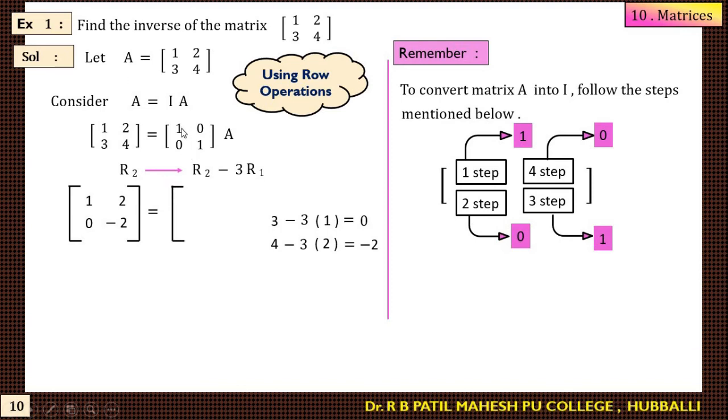In the matrix, the first row is not changing, write it as it is, 1 0. Now the second row is changed in this manner: R2 element, that is 0, minus 3 multiplied by R1, that is 3 into 1. Simplifying this you will get minus 3, and write this minus 3 here.